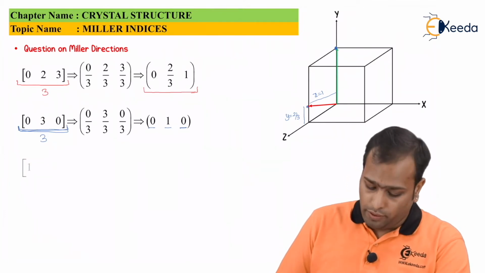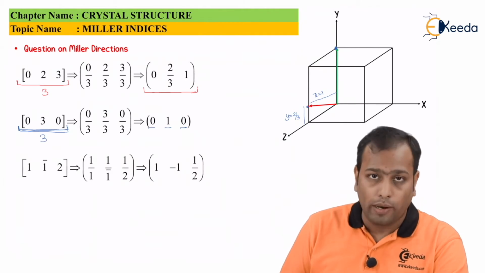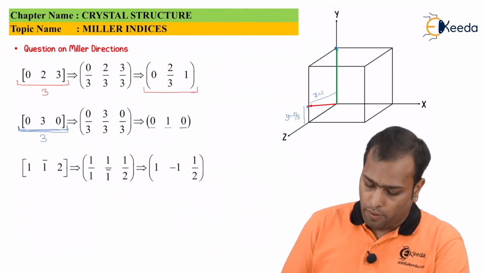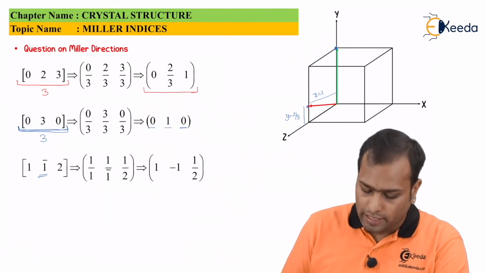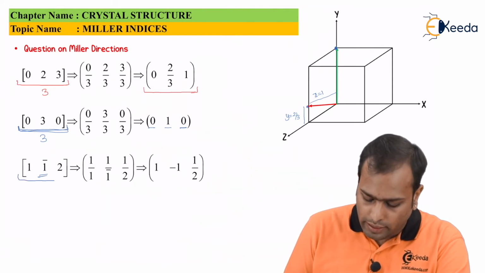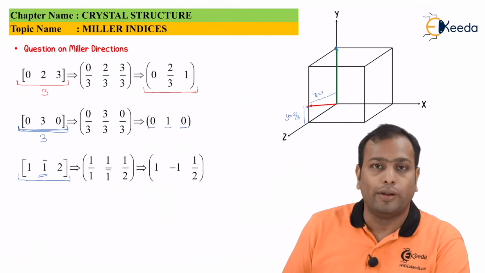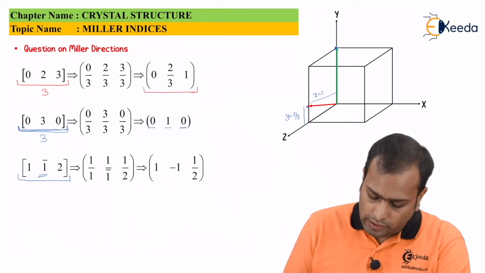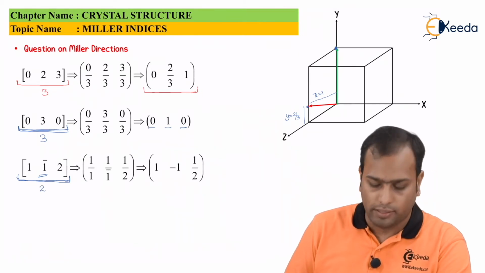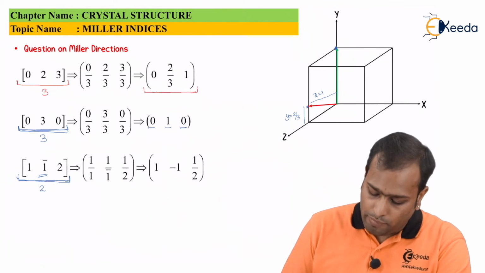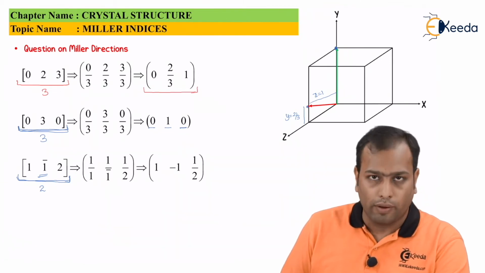In the next question, we have 1, 1 bar, and 2. Now, here 1 bar indicates negative, which is -1, and of course, as you can see, it cannot be plotted on a unit cell vector. So seeing the maximum value, which is 2, we'll divide the entire directional coordinates by 2 to get something like 1 by 2, 1 bar by 2, or -1 by 2, and 1.